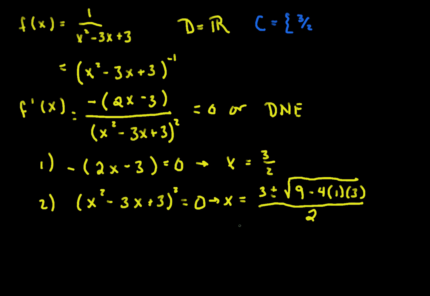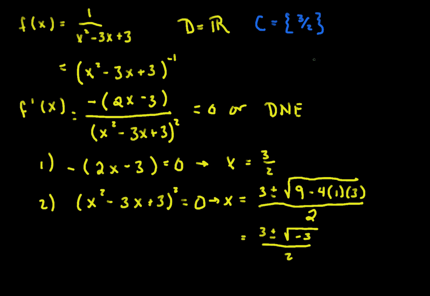So this is 9 minus 12, which is 3 plus or minus square root of negative 3 over 2, and this is imaginary. So there's no real value for x that forces the denominator to be 0, so there's no place where the derivative doesn't exist, and so we only have one critical value, namely 3 halves.